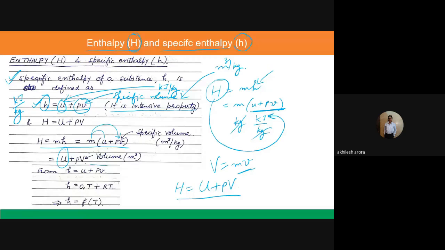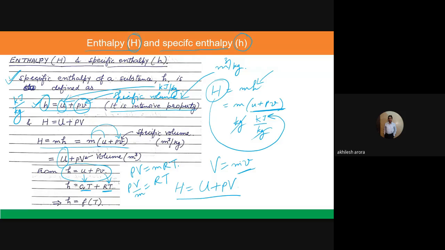Now if you see here, H is equal to U plus PV, and U is given as CV into T, whereas PV is equal to RT. And this PV is equal to RT from the gas equation, because we know that PV is equal to mRT. And when I write PV by m, it is equal to RT.